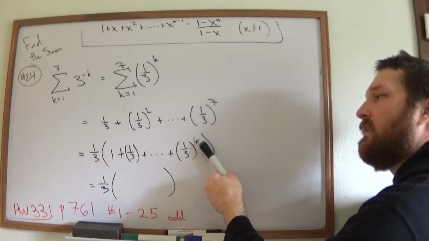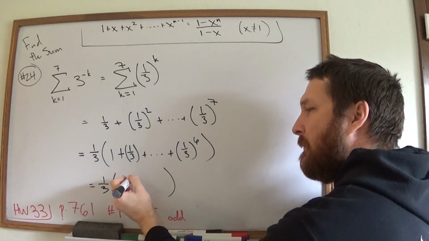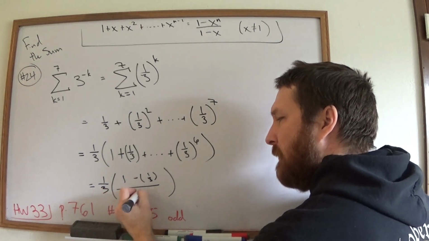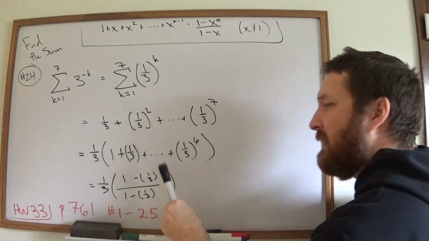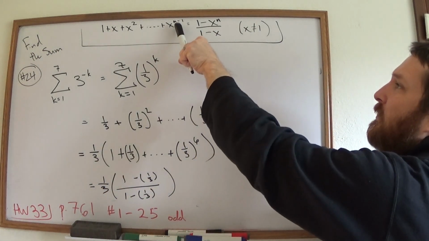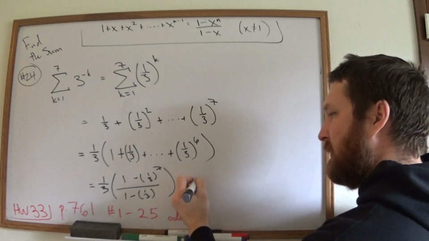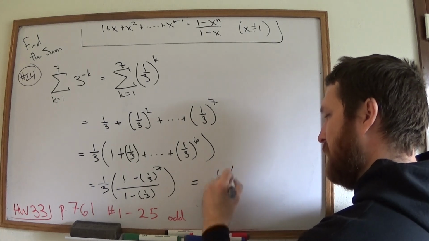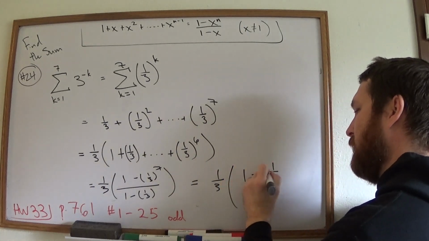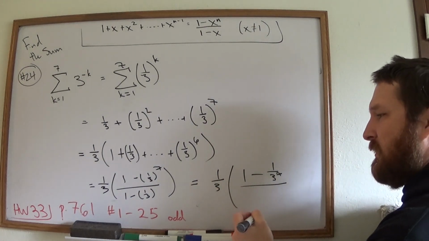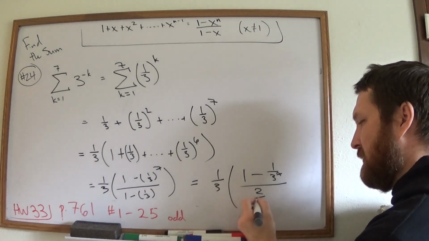So there's that. Now, 1/3. So we're going to have 1 minus a third, 1 minus a third, like that. But now, instead of to the 6th power, we go up one more to the 7th power. So that's the same thing as a third, 1 minus, how about 1 over 3 to the 7? 1 minus a third is what, 2/3?